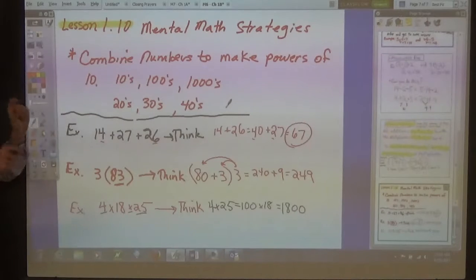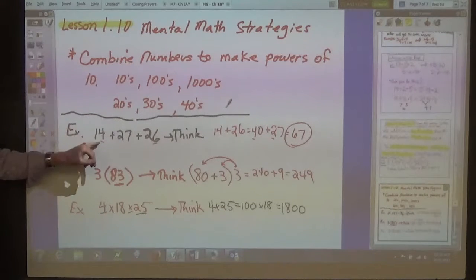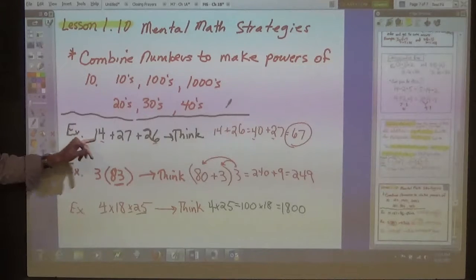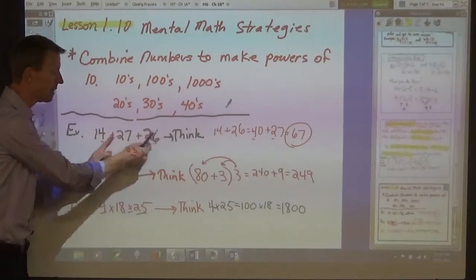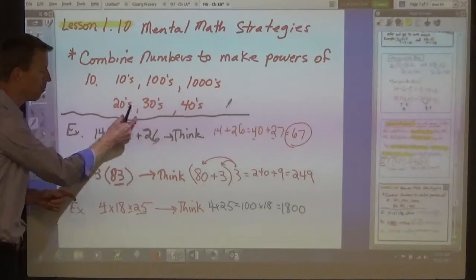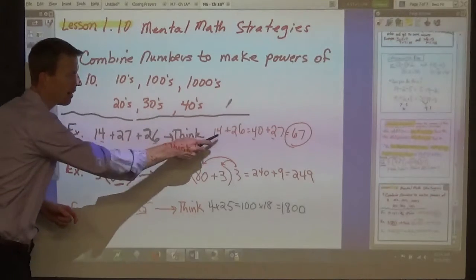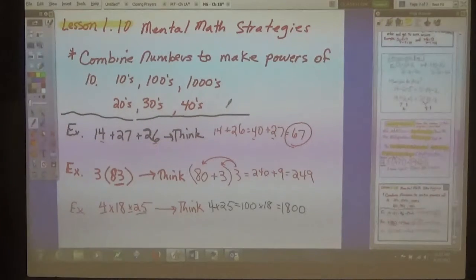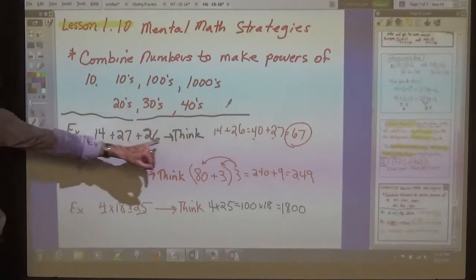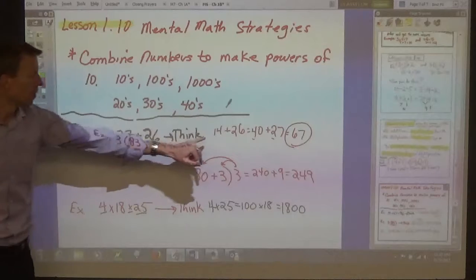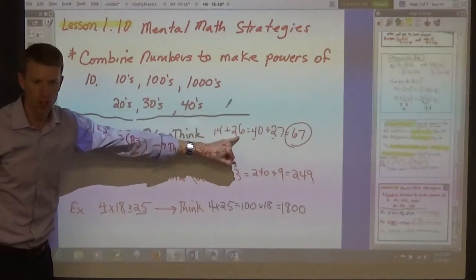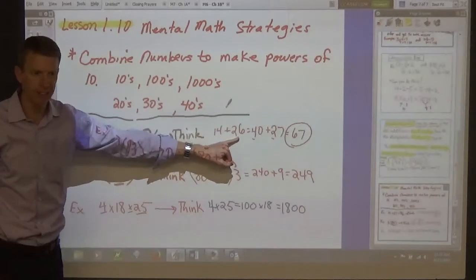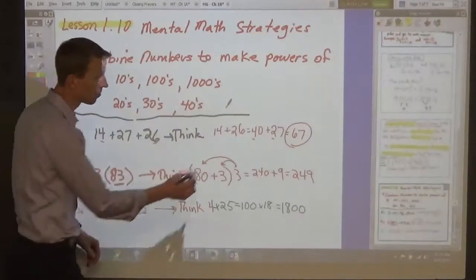Now, we can switch the order of the numbers because of what property? Do you remember? Associative is moving the parentheses around, but to actually move this number and write it in a different order is called the commutative property. So, if you think of it this way, do 14 plus 26 first, and that's 40.